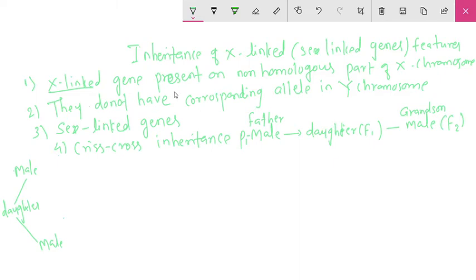Okay, then the next point: generally, the X-linked recessive phenotype is usually found in male than in female.